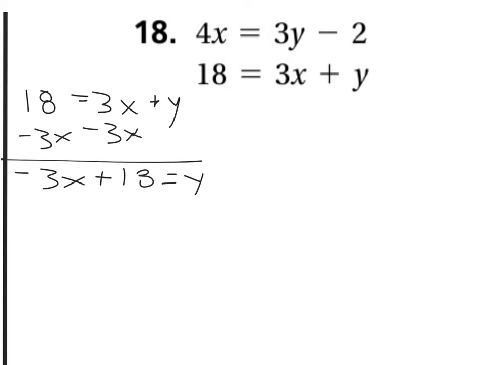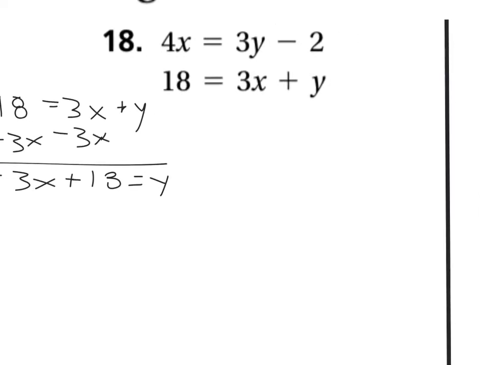You could have also written that 18 minus 3x, it's the same thing, as long as the negative stays with the 3x, right?